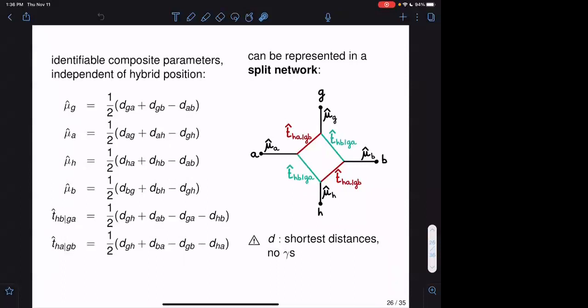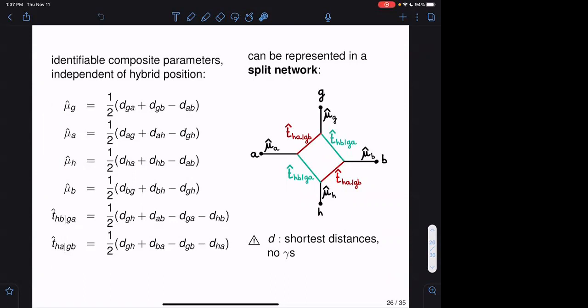Okay, so what we can identify, though, are these composite parameters. And the nice thing about these parameters is that I can define them without knowing who is of hybrid origin. I just need to know the circular ordering, and that's it. Not the exact topology. And then we can represent these composite parameters in a split network this way.